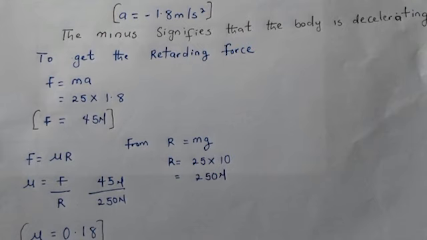The frictional force is 45 Newton and R is 250 Newton. That will result in a coefficient of sliding friction equal to 0.18. It has no unit because it is the ratio of two forces.